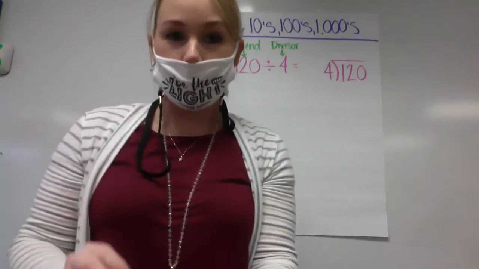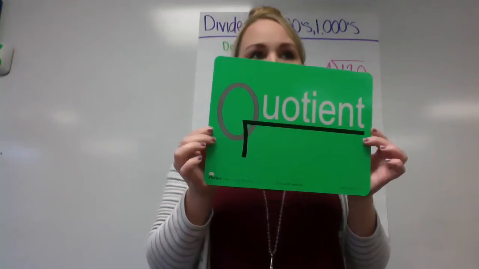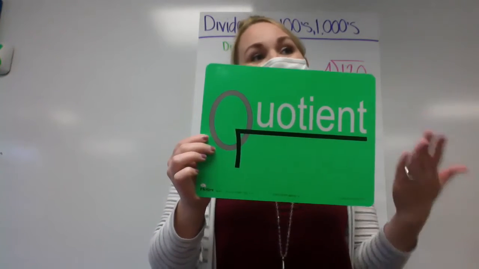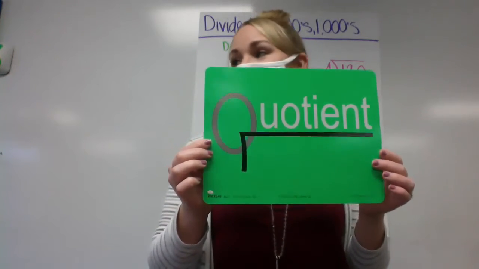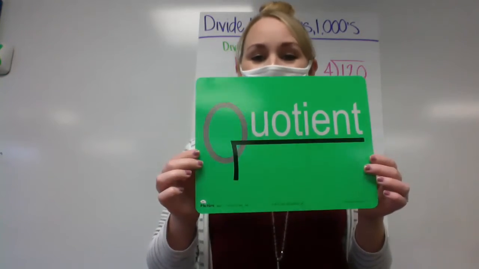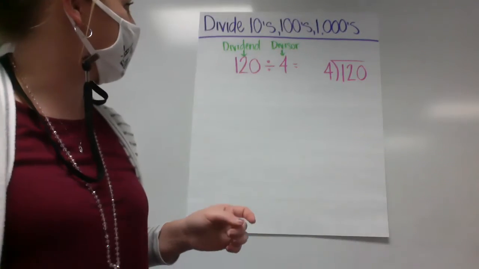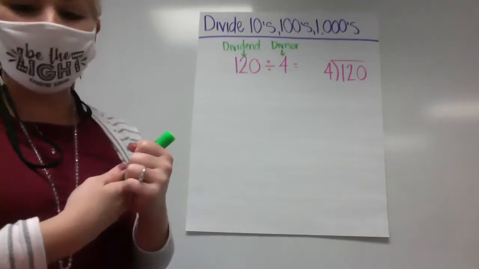And then our answer, which we don't know yet, is going to be called your quotient. You guys heard these words last year. You may not remember them, but you definitely heard them. So the answer is called the quotient. I'll label that spot when we answer our problem, okay?